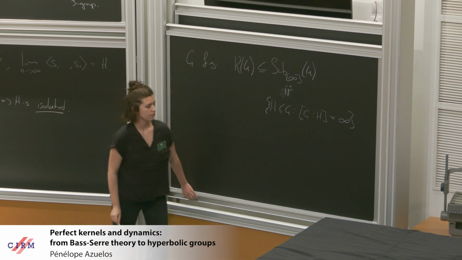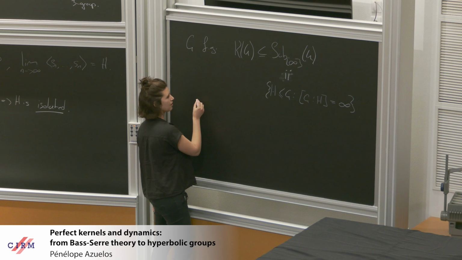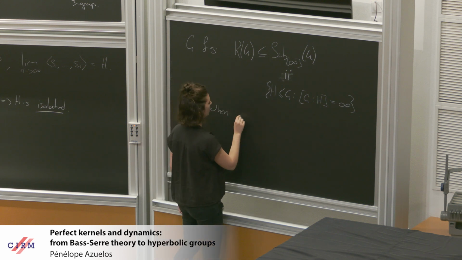So the initial question is, when is this inclusion an equality? When is the perfect kernel as large as it possibly can be?